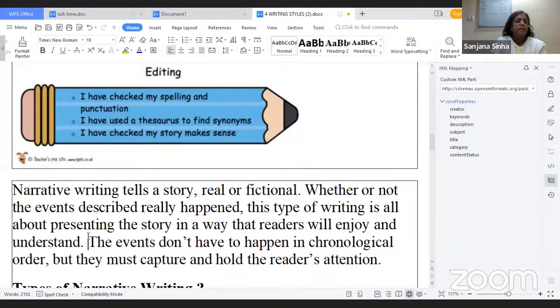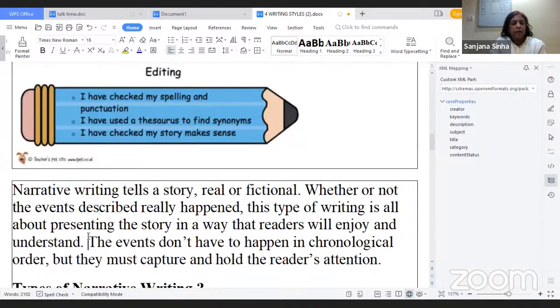Now you have to write in such a way that the reader takes interest in reading your story. Otherwise, your story will not be read. Here we are talking about your entire writing skills.